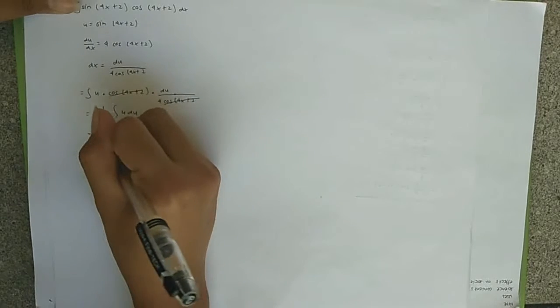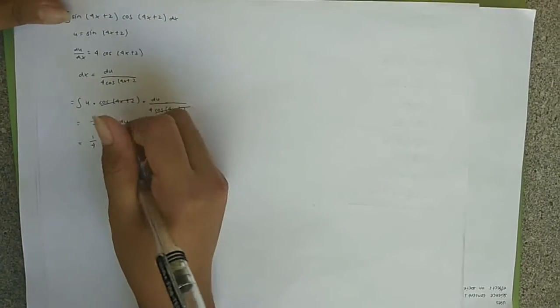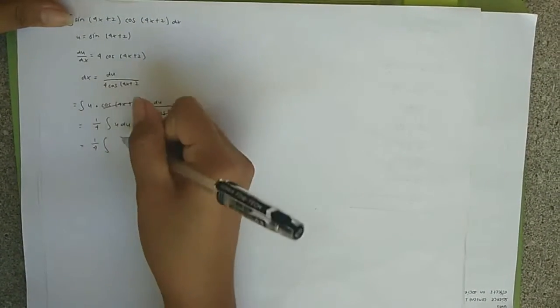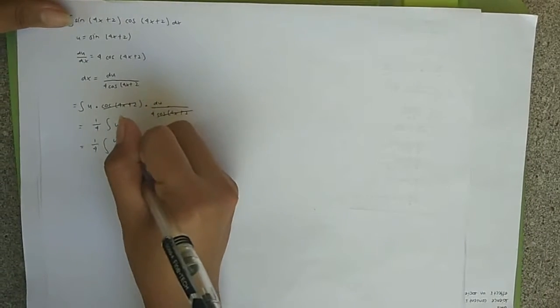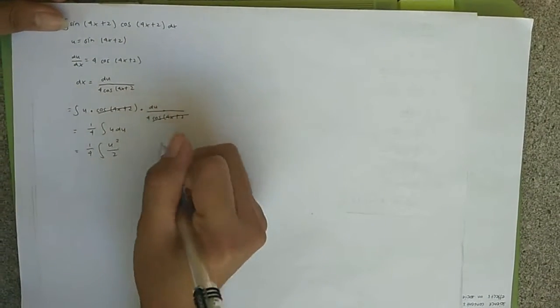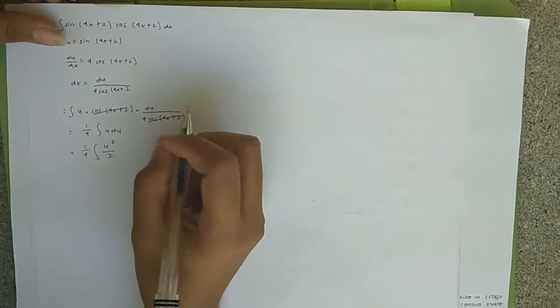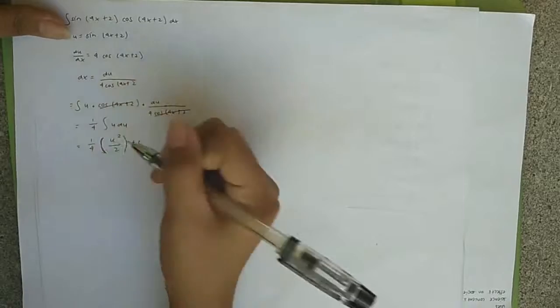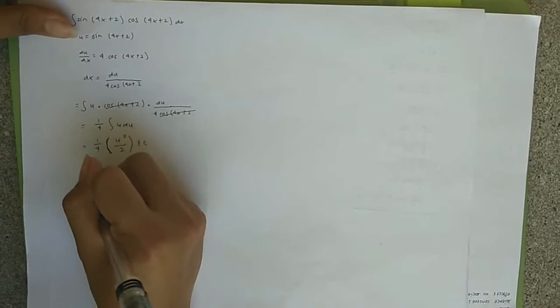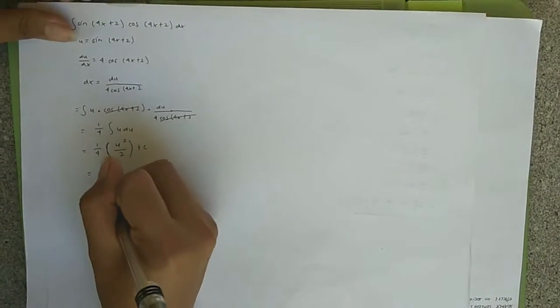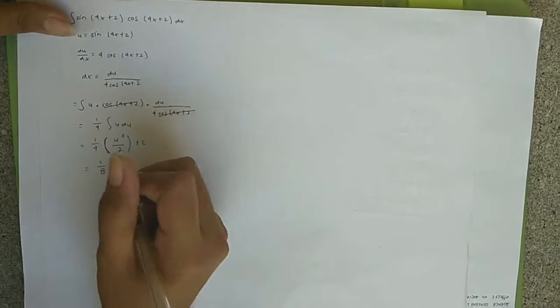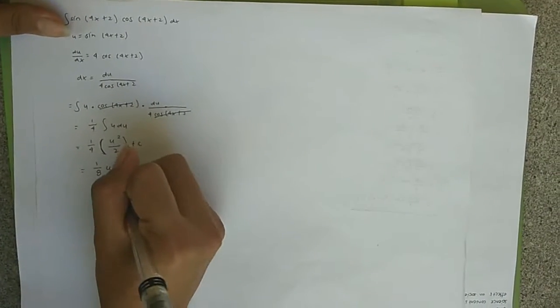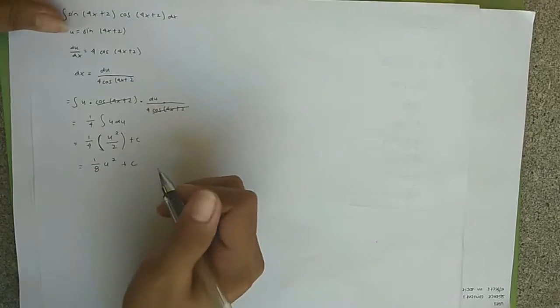Then we're going to use the standard integration. u raised to 2 over 2 plus c is equal to 1/8 u squared plus c.